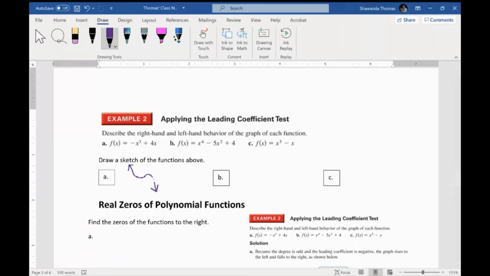B. Anybody? What is the degree? 4. Degree is 4. Someone other than Zoe, I think she said that. What is the leading coefficient? 1. Very good.